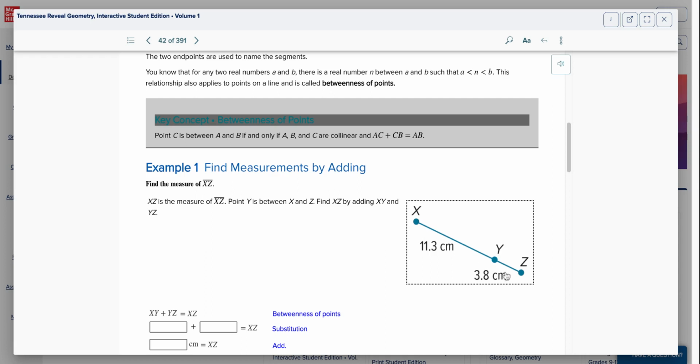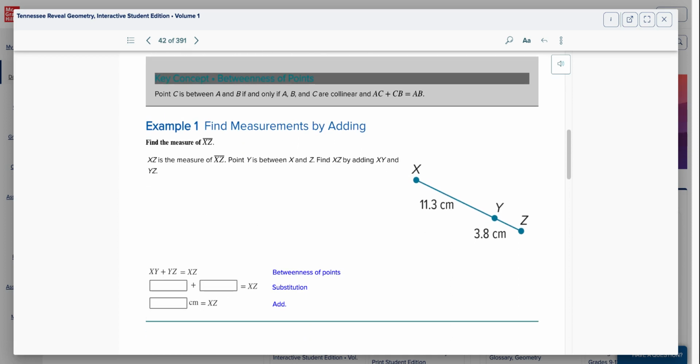There is an XY, and there is a YZ, but there's also an XZ. There are 3 segments here. And the reason why you can say that is because the 2 that you named, the 11.3 XY and the 3.8 YZ, will add to make the length of XZ. So that trick question kind of leads them into seeing why there are 3 segments there.